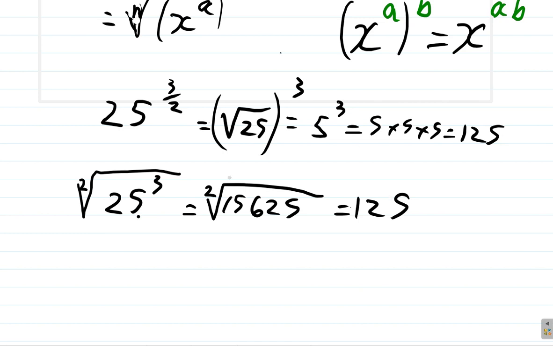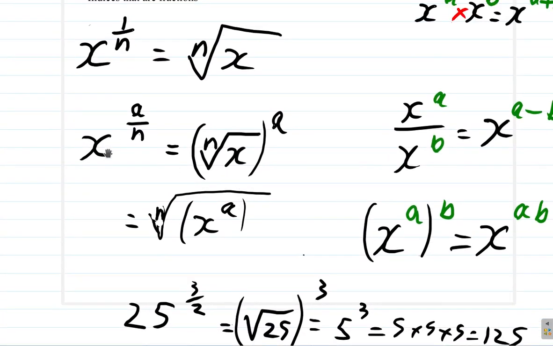But as I say, if you have a number raised to a fraction, and you are supposed to show working, what you do is find the root first. So you get a smaller number and then you can raise that to the power. So basically, a number x to the a over n means the nth root of x and that to the a.